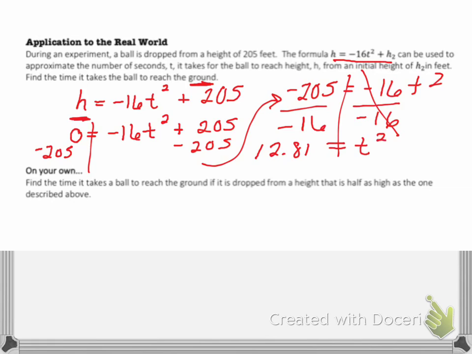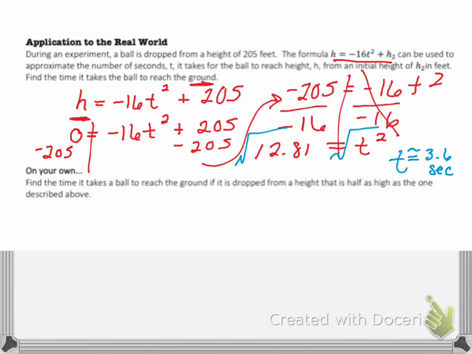And then I will square root that. I'm going to do this in a different color just because I'm getting close to the edge here. Now, remember that we always get 2 values when we square root, but time can't be negative. So I'm going to approximate this as 3.6 seconds. So that's how long it takes for it to go up and then down.